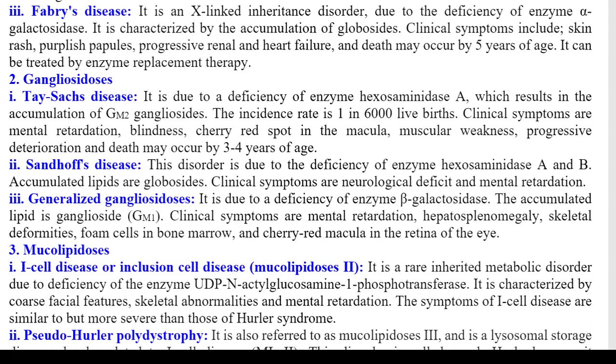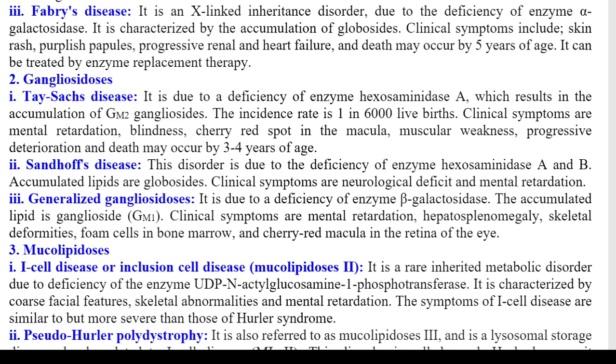2. Gangliosidosis. Tay-Sachs disease. It is due to a deficiency of the enzyme hexosaminidase A, which results in the accumulation of GM2 gangliosides. The incidence rate is 1 in 6,000 live births. Clinical symptoms are mental retardation, blindness, cherry red spot in the macula, muscular weakness, progressive deterioration, and death may occur by 3 to 4 years of age. 2. Sandhoff's disease.